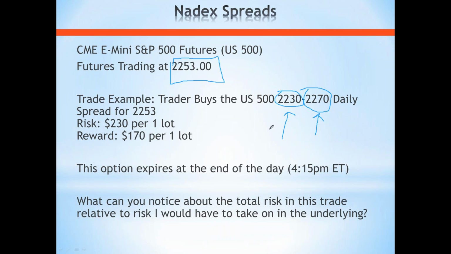So if my trade setup was like this in the futures, if I'm getting long here with a stop at 22.30 and a profit target at 22.70, what would my risk and reward setup be in the S&P futures? Well, 23 points to the downside times $50 a point is $1,150. So this would be $1,150 worth of risk with 17-point upside potential on $850 worth of potential reward.